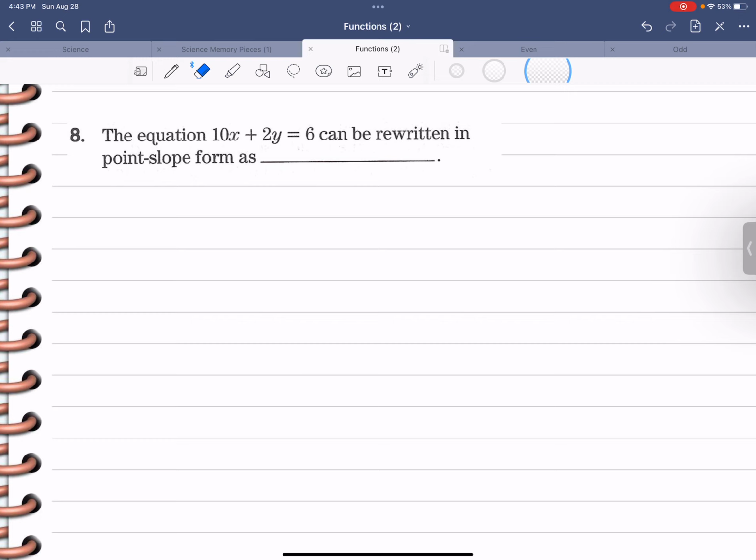And if you look in the back of the book, that answer is not in point-slope form. It's in slope-intercept form. So I think the answer in the back is a misprint, but I'm going to go ahead and do what this says to do. We want point-slope form. So let's start with the pattern of the answer we want.